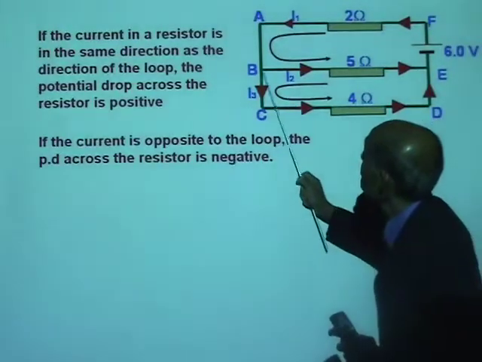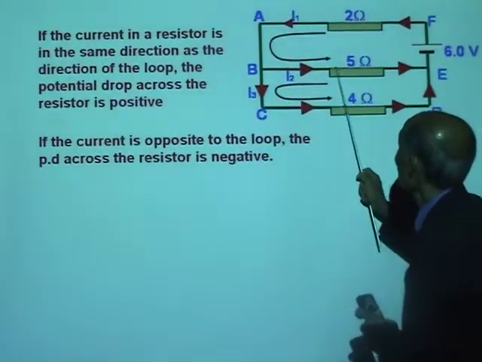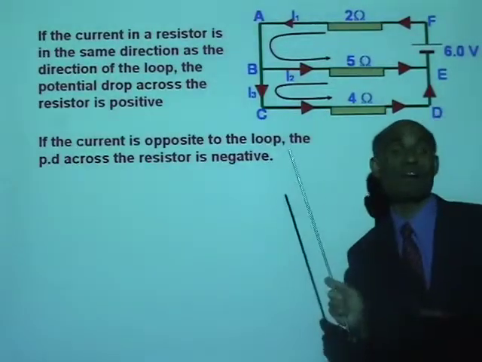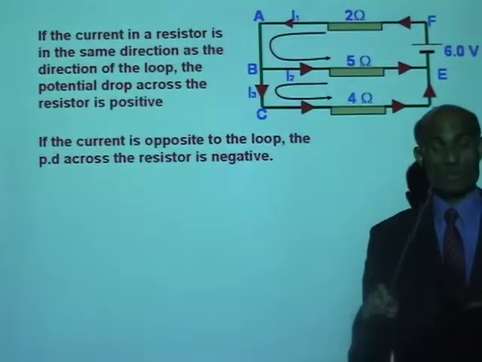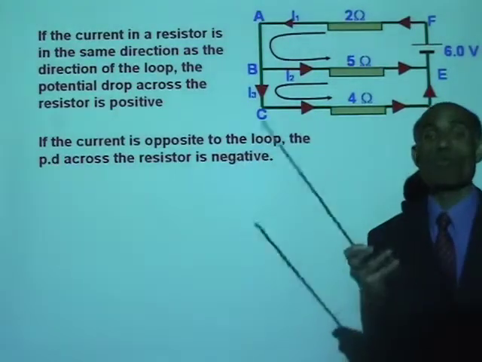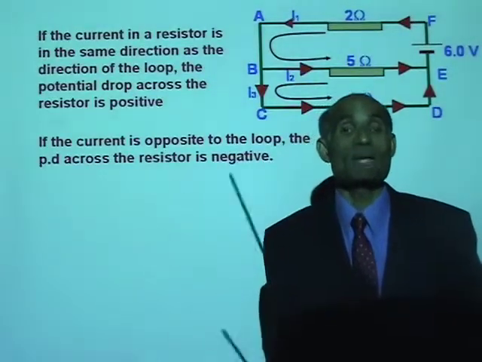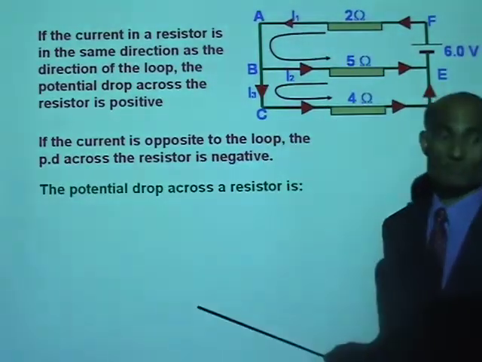That's the direction of the loop, and the direction of the current I2 is opposite. So the potential drop across the 5 ohm is negative. You've got to understand that very well. When does a potential drop become positive, and when does it become negative?